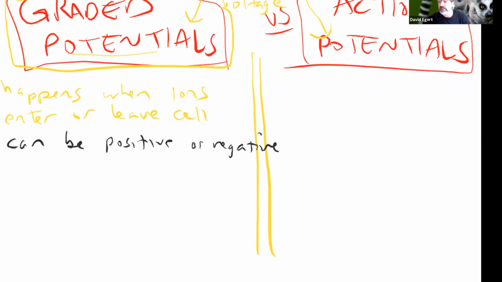Or if you have chloride coming in, the voltage would be going down. Or if you have sodium coming in, the voltage is going up. So it can be positive or negative depending on what kind of ions are entering or leaving. Can be small or large. What we say is continuously variable.